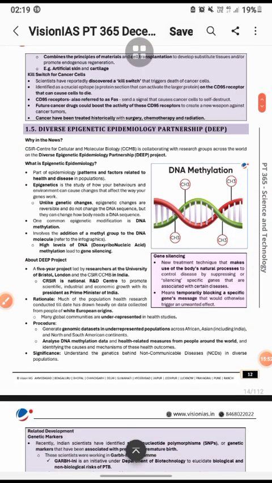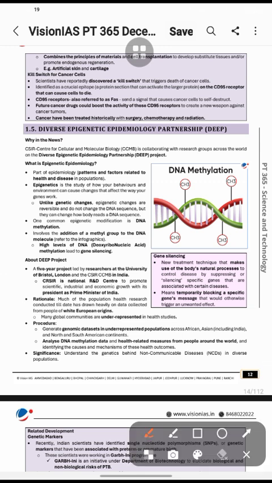Diverse Epigenetic and Epidemiological Partnership, DEEP. What is DEEP? The CSIR Centre for Cellular and Molecular Biology is collaborating on this research, the Diverse Epigenetic and Epidemiological Partnership project, on patterns and factors related to health and epigenetics.